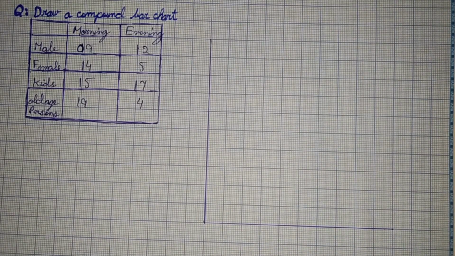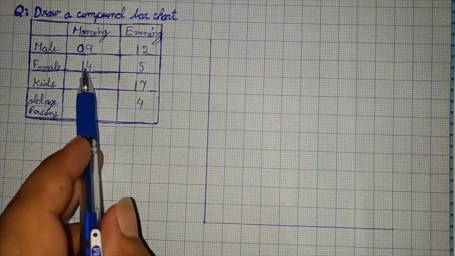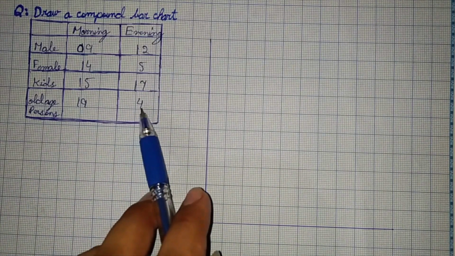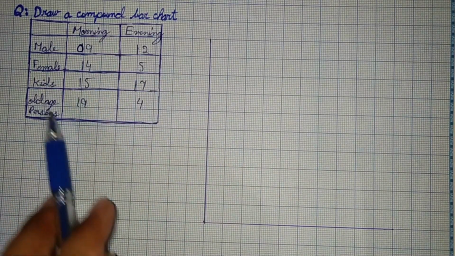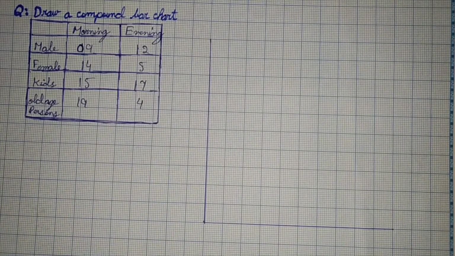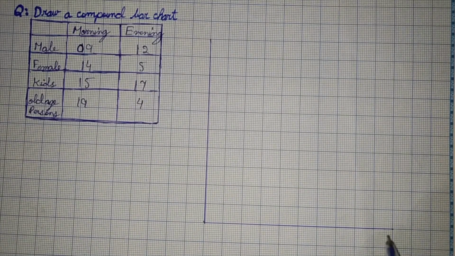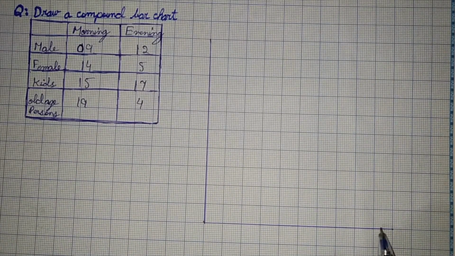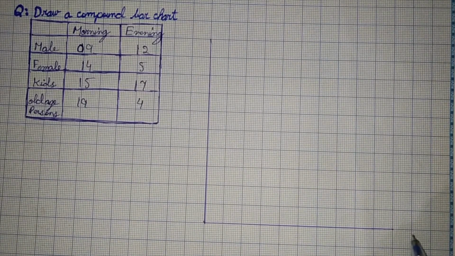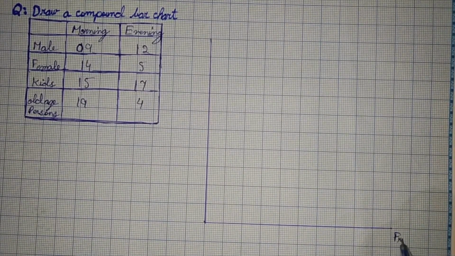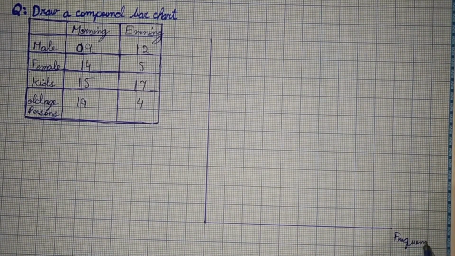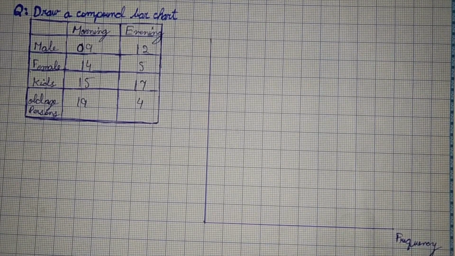The smallest number we have is 4 and the largest is 19, so I want to write the numbers up to 19.